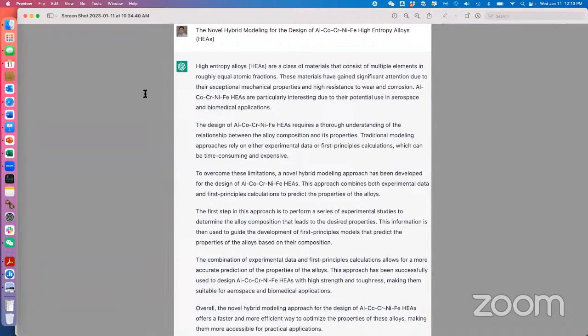So this is what I tried in the morning. I typed in the title of my presentation, and it gave a response of what I possibly will do. It just predicts what I may do. As you can tell, this is just one sentence, and then it talks about all these things, including what you need to do if you want to work on these 5 elements, high entropy alloy, especially if you want to do modeling.